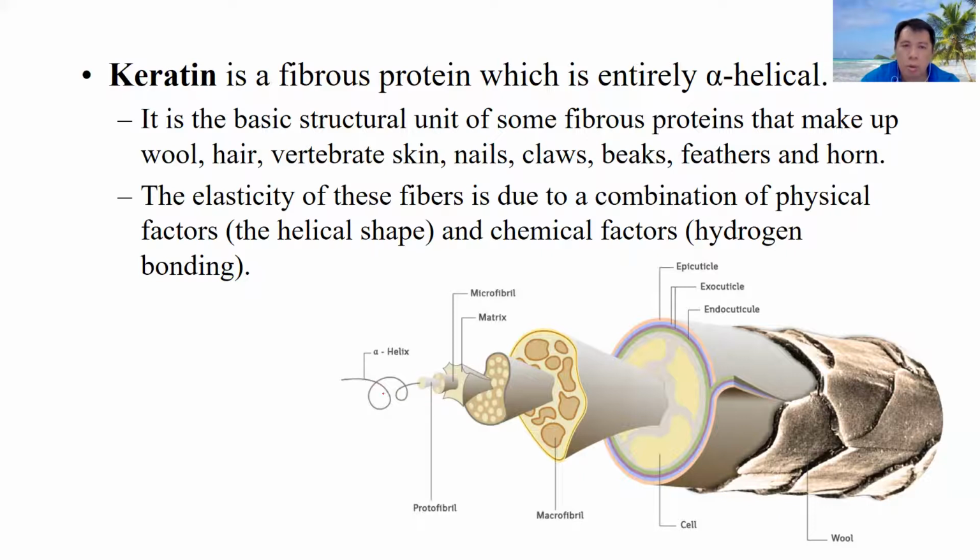All of these keratin fibers intertwine together to form the keratin of hair, or can be found in the skin and others. So it is a fibrous protein, and they provide structural support, the structural components, to organisms.